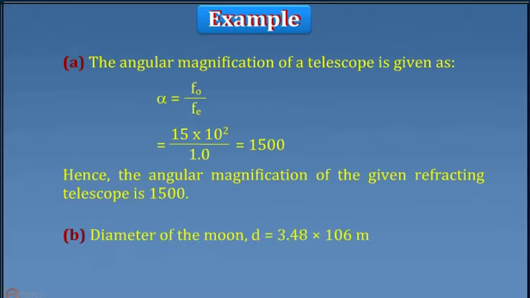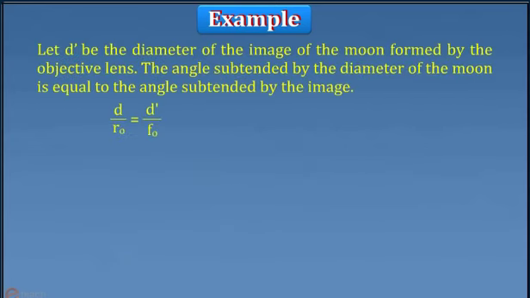We know that the diameter of the moon is given by d equals 3.48 into 10 to the power 6 meters and radius of the lunar orbit given by r0 is 3.8 into 10 to the power 8 meters. Let d prime be the diameter of the image of the moon formed by the objective lens. Then the angle subtended by the diameter of the moon is equal to the angle subtended by the image.